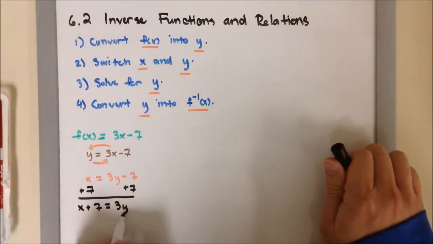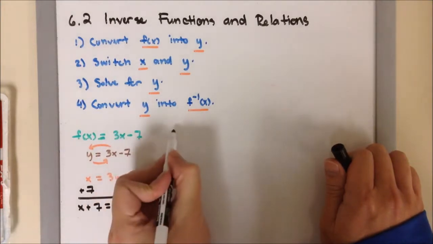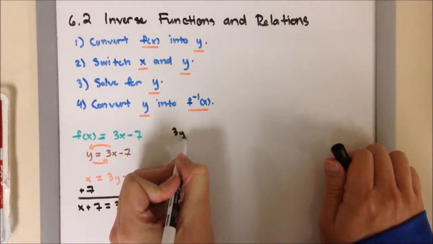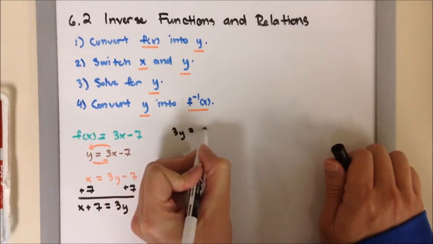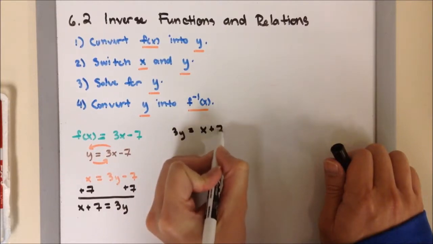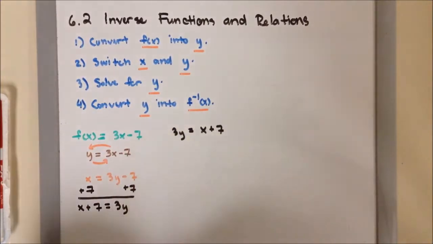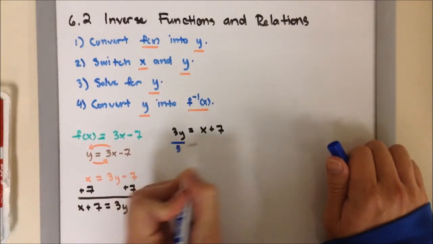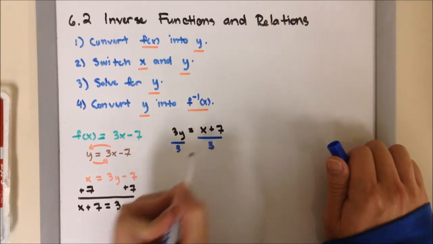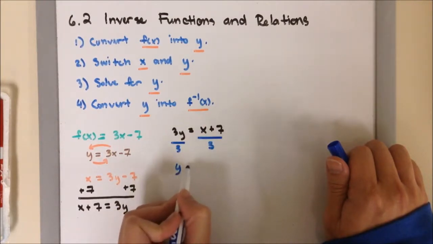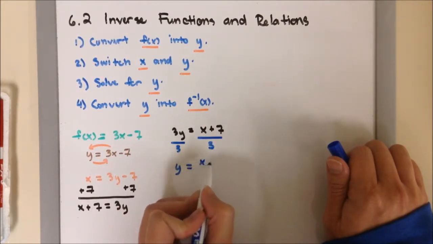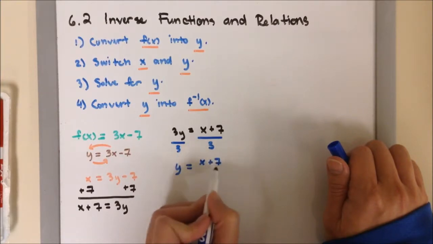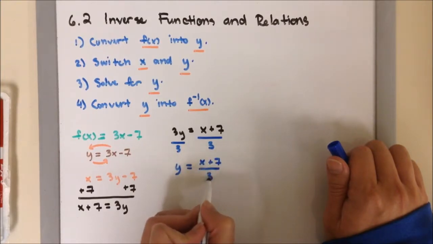But I'm going to have 3y on the left, so I'm going to flip the whole thing. So in order to get y by itself, I'm going to divide both sides by 3. So I'm going to have y equal x plus 7, the whole thing divided by 3.